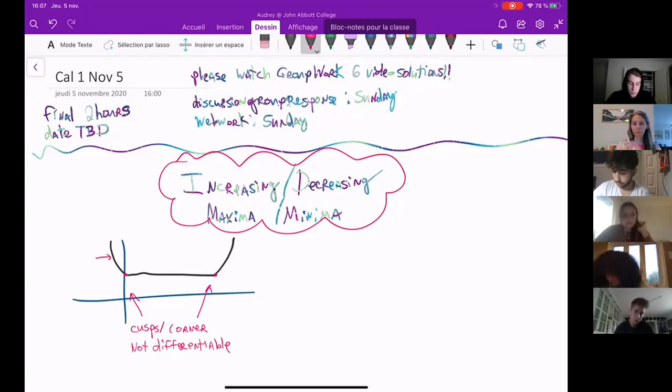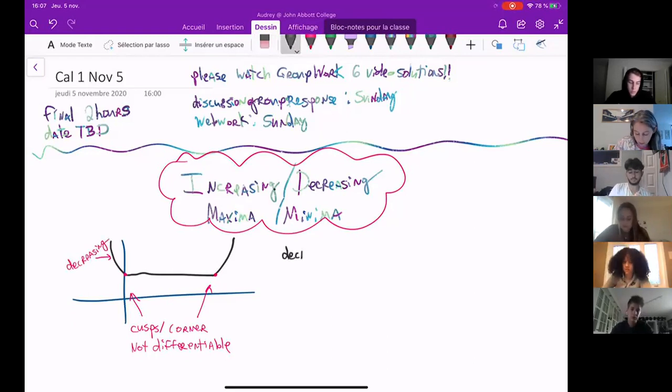It's decreasing, exactly. As my x value gets bigger, my y value gets smaller. So here we say that the function is decreasing. When a function is decreasing, that means as x gets bigger, y gets smaller.